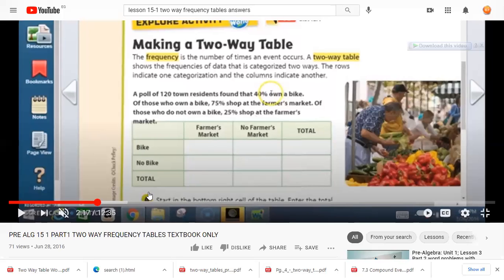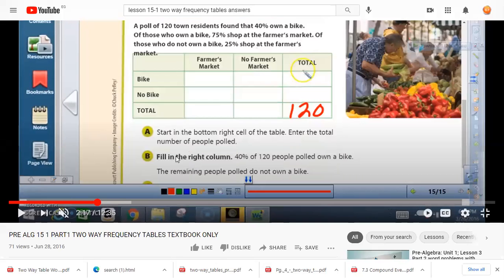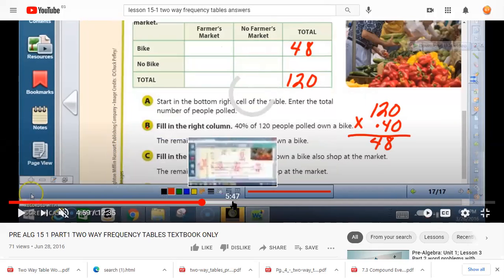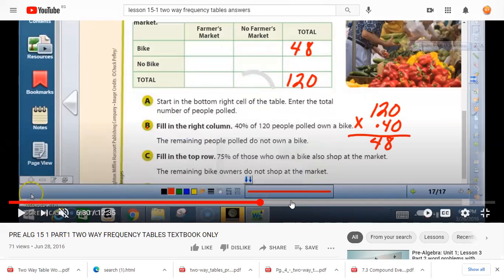In a survey of 50 students, 60% say that they have a cat. Of the students who have a cat, 70% also have a dog. Of the students who do not have a cat, 75% have a dog. Complete the two-way table. Okay. So we want to complete the table, right?